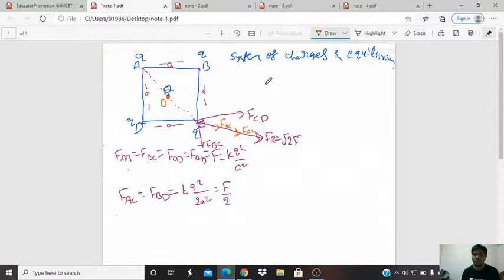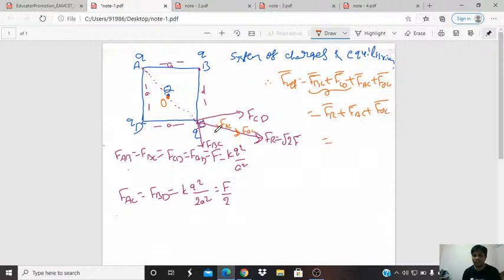So total how many forces are here? Net force is FBC bar plus FCD bar plus FAC bar plus FOC bar. Actually, the resultant of these two is FR bar, plus FAC bar plus FOC bar.